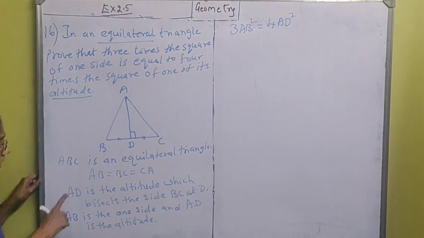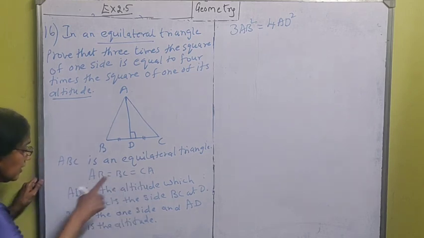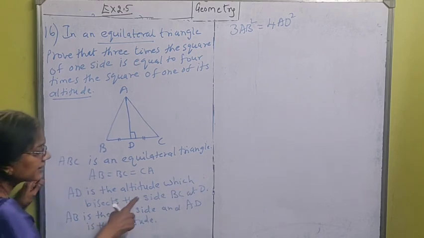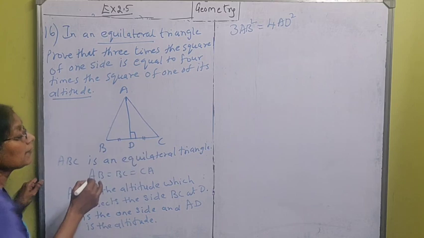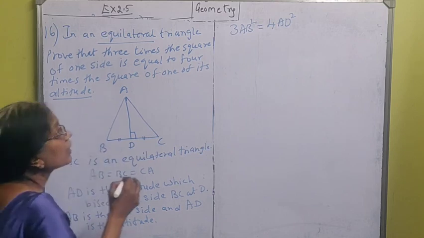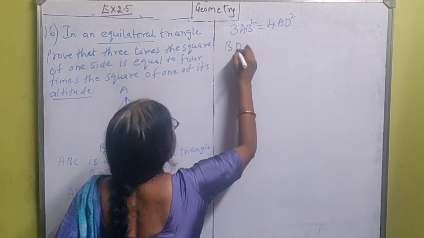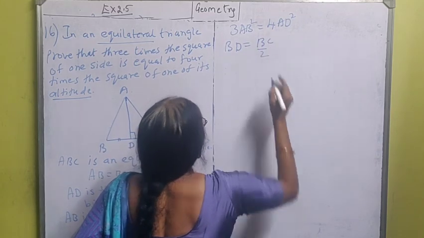Now what you have said that AB is equal to BC is equal to CA. AD is the altitude which bisects the side BC at D. Means BD became equal to DC. So what is BD equal to? So we can show that BD is equal to BC by 2.